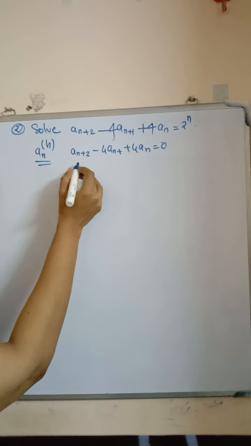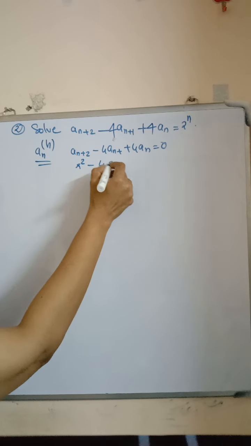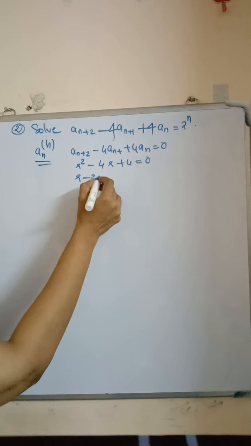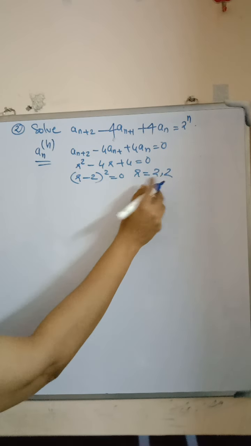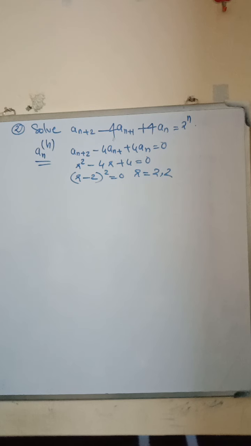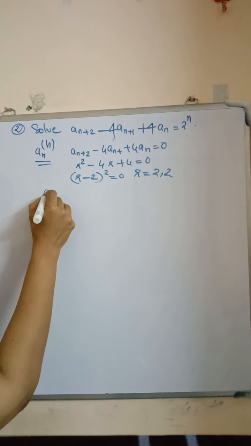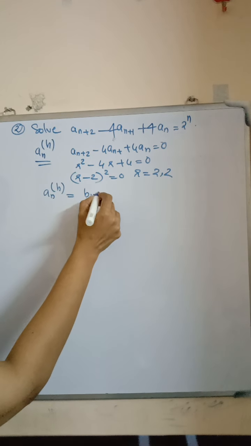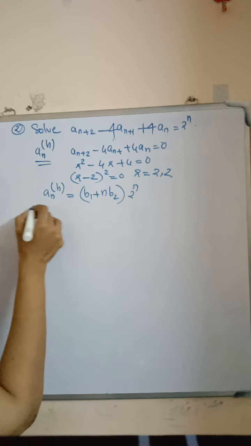This is a second order recurrence relation, so r square minus 4r plus 4 is equal to 0. R minus 2 whole square is equal to 0. So 2 is a real root with multiplicity 2. Therefore, the homogeneous solution is B1 plus n B2 into 2 raised to n.